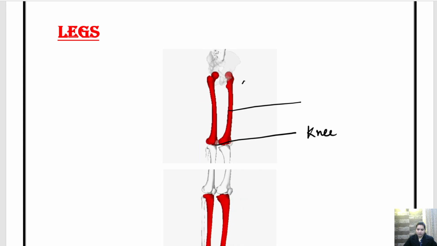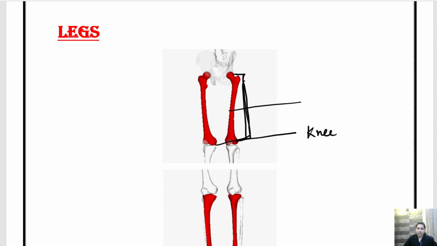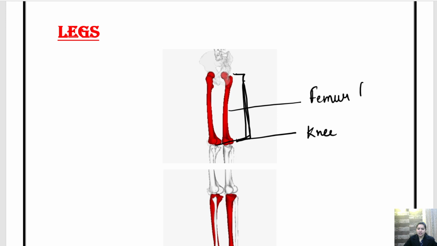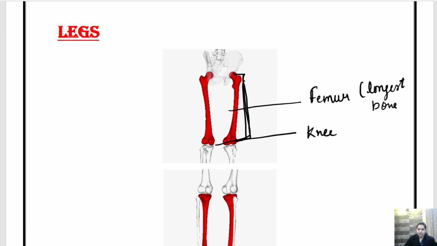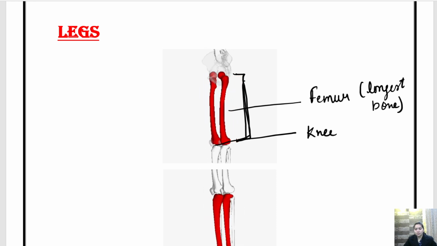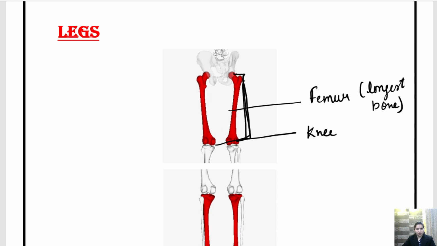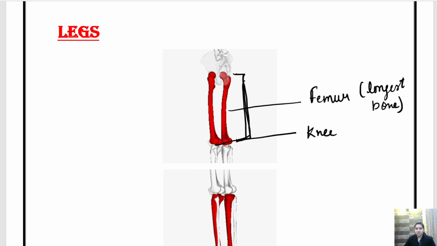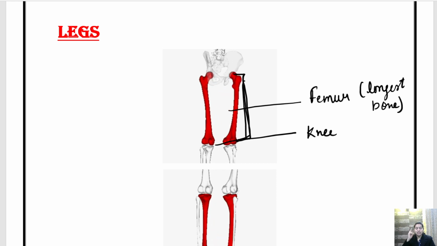Above the knee and below the hip, this is called femur, and it is the longest bone in the human body. And what is the smallest bone? Where is the smallest bone in the human body? It is present in our ears. So the longest bone is femur, that is present in the leg, and the smallest bone is present in the ear.